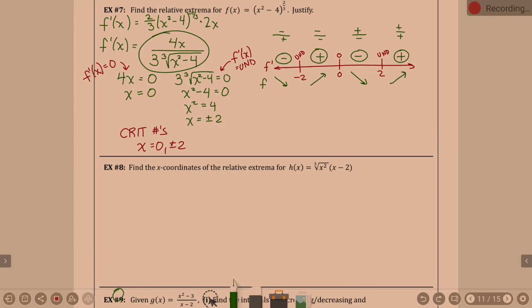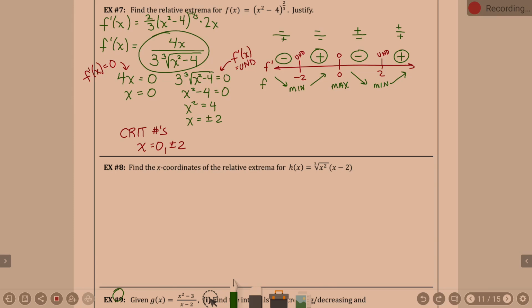At -2, there is a min. At 0, there is a max. At 2, there is a min. And this is my work, me just organizing my thoughts. It's not that you have to have all of that there, okay?